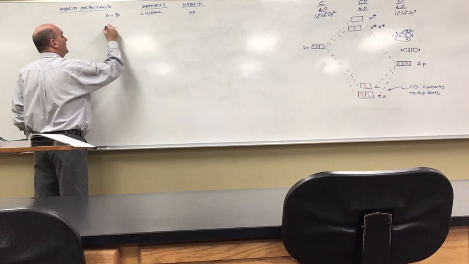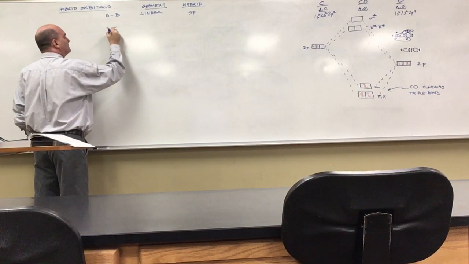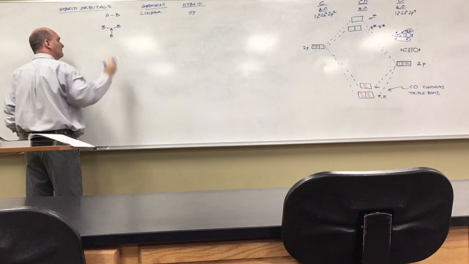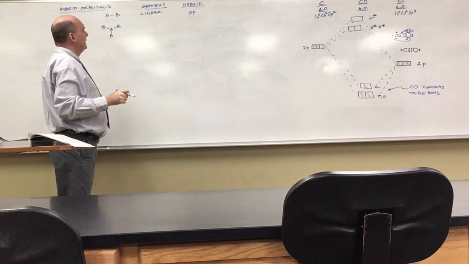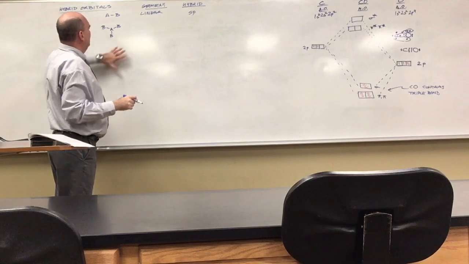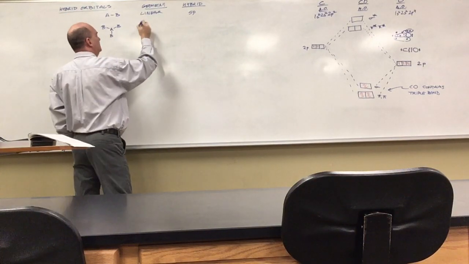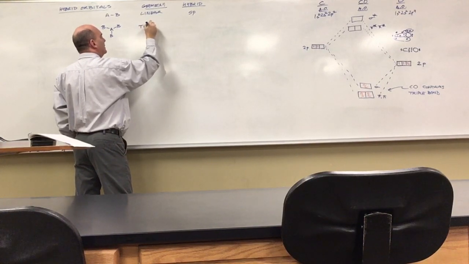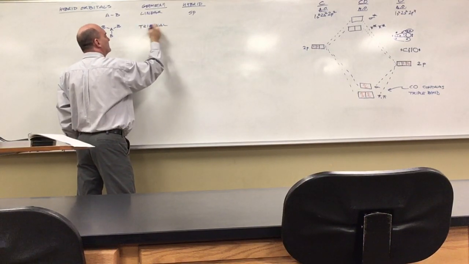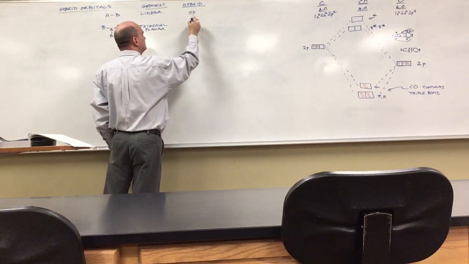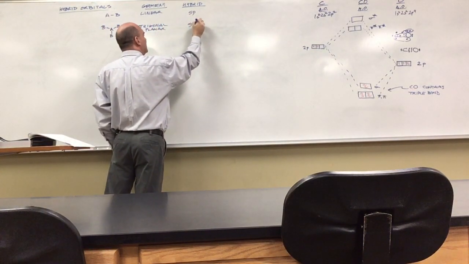And that if I had three things around, that would be a trigonal planar, and that would be sp2.